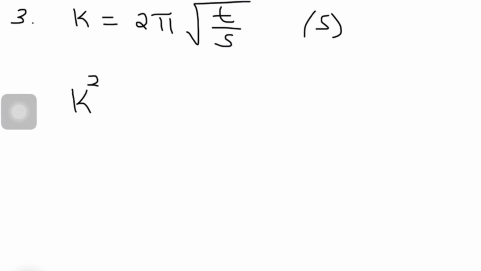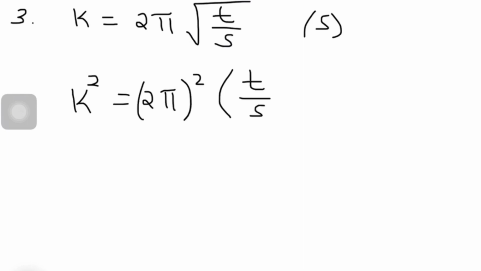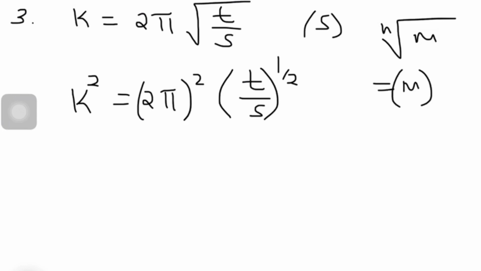K squared is equal to 2 pi. Be keen here. You have to square those two. This is t all over s. Let me change it like that. This is the same, t over s power 1 over 2, as I mentioned previously in my previous videos on logarithms. I said whenever you have the m root of n, this is the same as m power 1 over n.